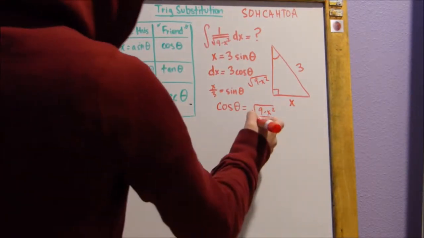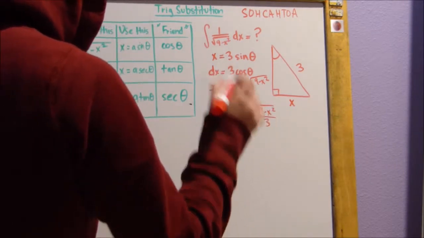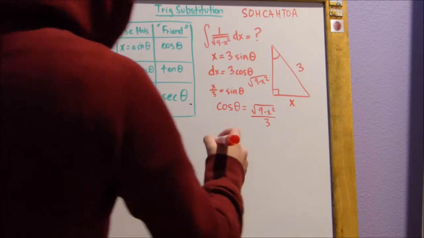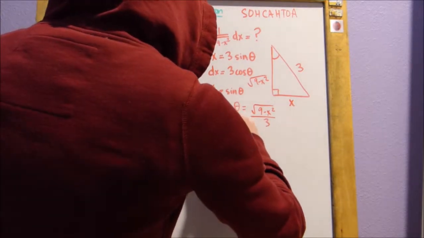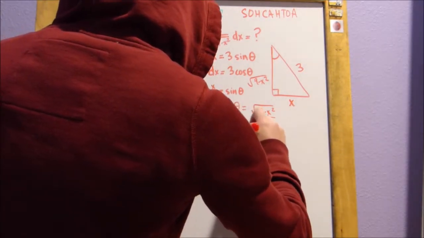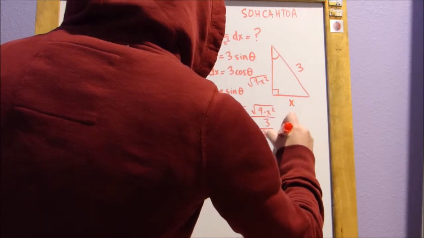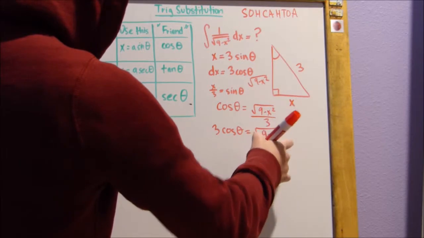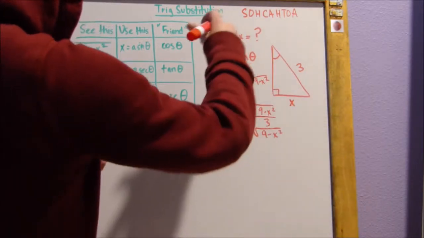But see here, we don't have the square root of 9 minus x squared divided by 3. We only have the square root of 9 minus x squared. So we're going to multiply both sides by 3 to get 3 cosine theta equals the square root of 9 minus x squared. Now you're ready to substitute stuff in.